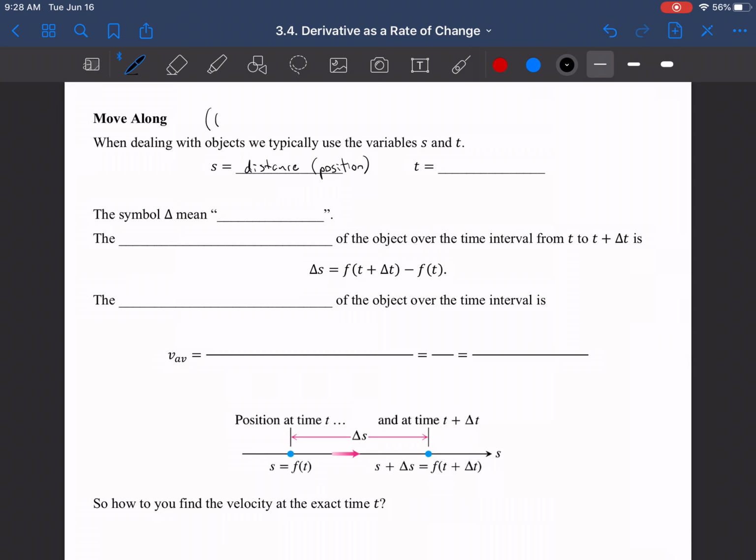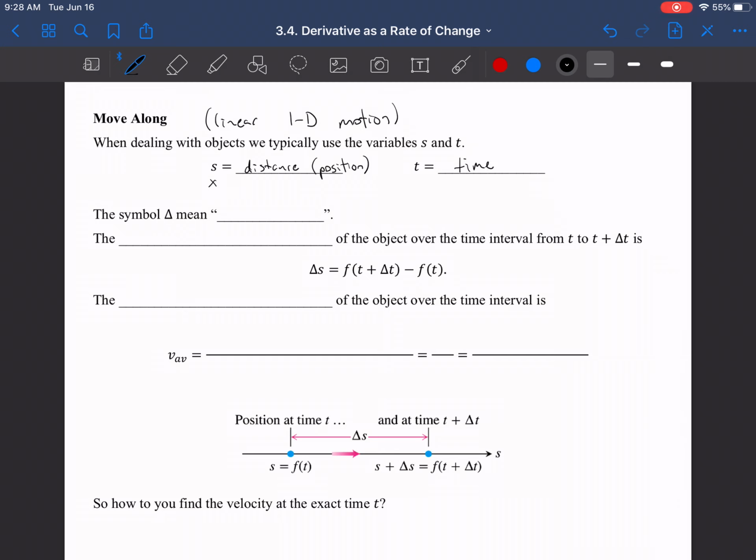And this is for linear one-dimensional motion. So think of this as motion on a straight train track where we can only go forward and backwards. A lot of other times you might see the variable x used for position or distance instead of s. And t is pretty much always used for time.